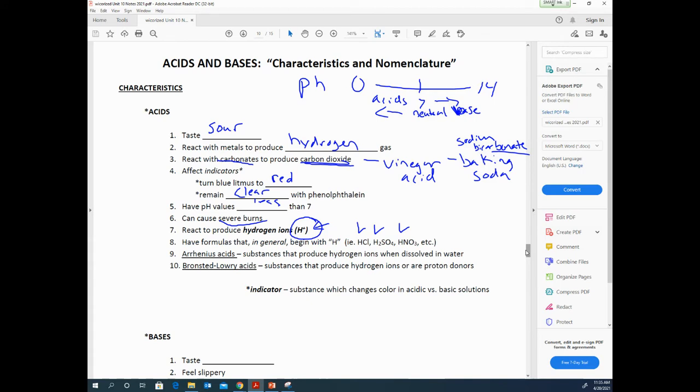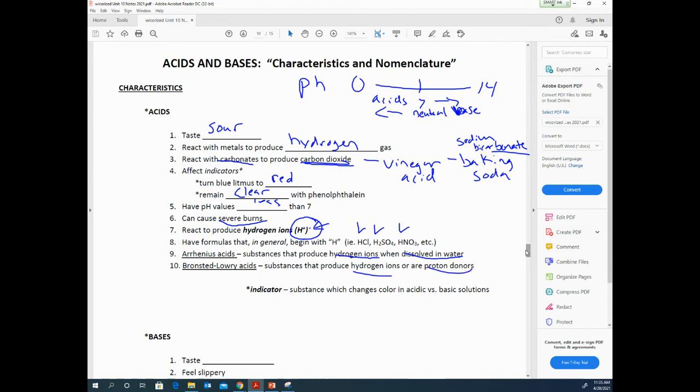All right. There's some terms. The Arrhenius acids are substances that produce hydrogen ions when dissolved in water. So that's just a vocab term to know. An Arrhenius acid is a substance that produces those H plus ions, those hydrogen ions, when dissolved in water. Whereas a Bronsted-Lowry acid is a substance that produces hydrogen ions or are proton donors.